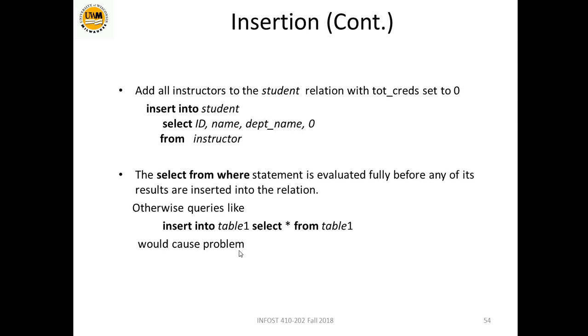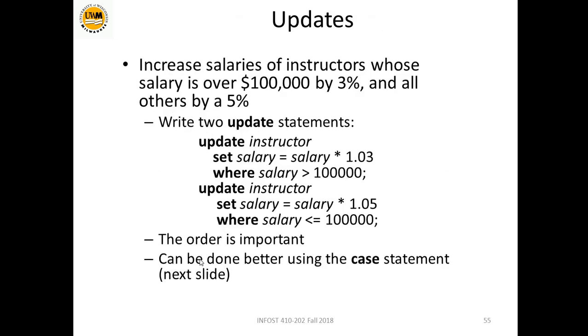The select from where statement is evaluated fully before any of its results are inserted into the relation. So queries like this one without the where clause may cause problems.